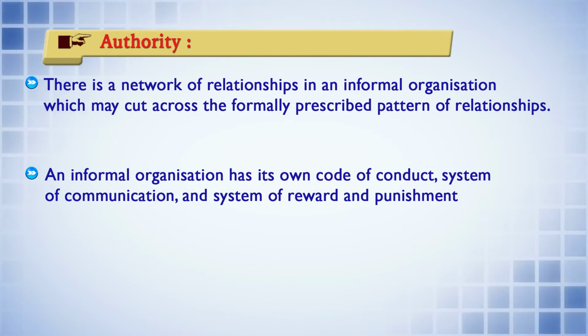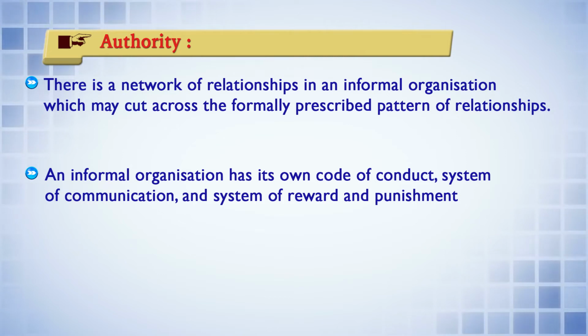That means in the formal authority you have the full-fledged chain of relationship from top to bottom, but here it cuts across the various levels. Second, an informal organization has its own code of conduct, system of communication, and system of reward and punishment.